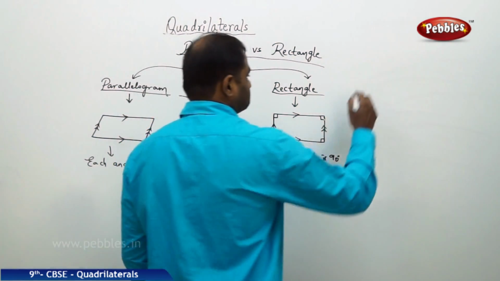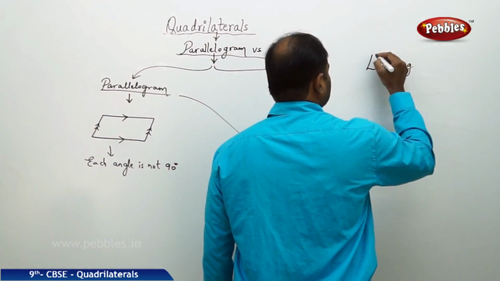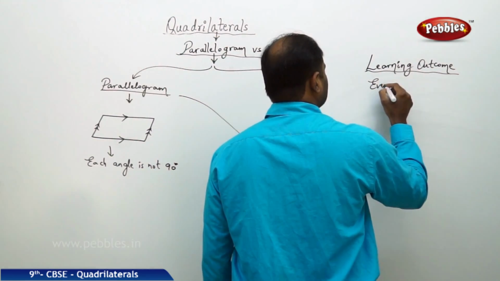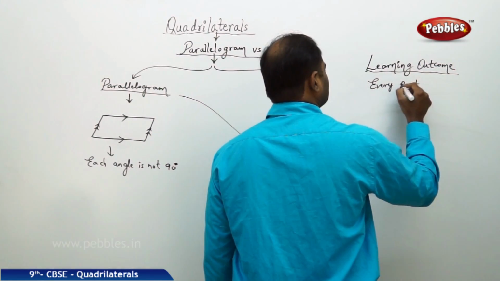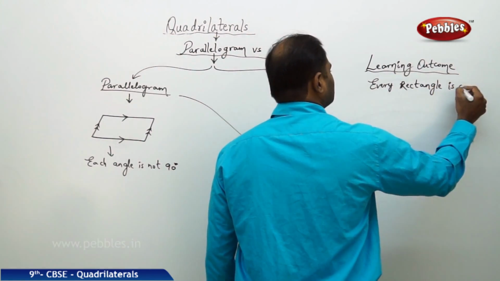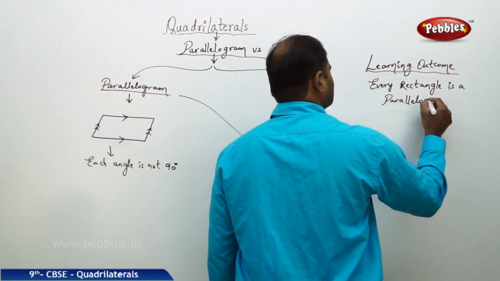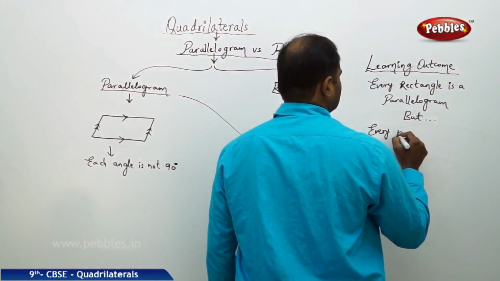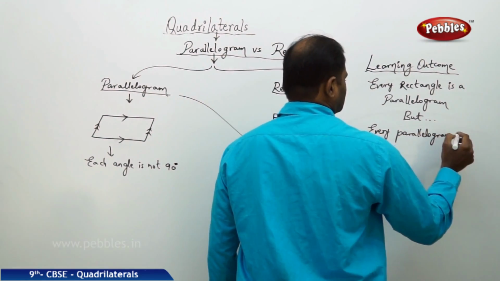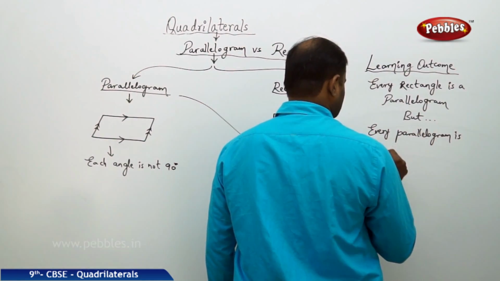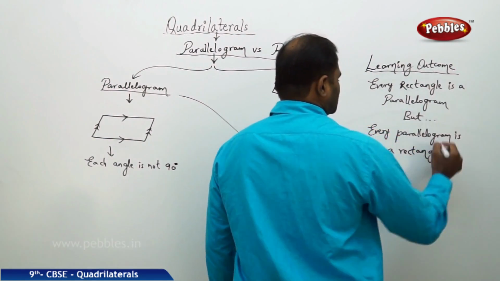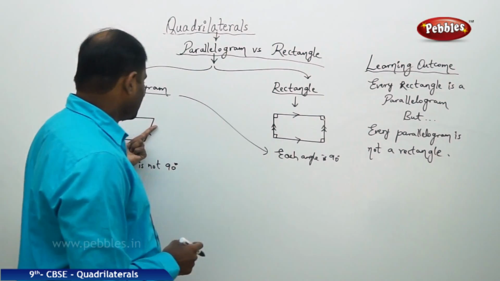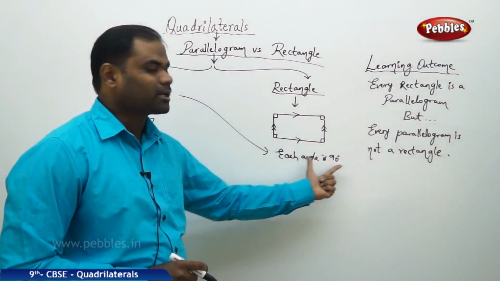So let's make the learning outcome. Every rectangle is a parallelogram, but every parallelogram is not a rectangle because each angle is not 90.